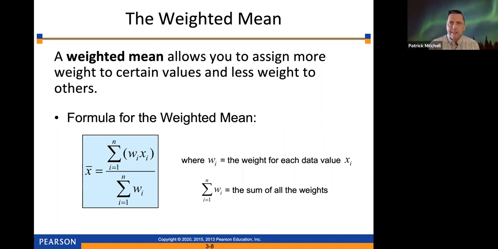So GPA is a type of weighted mean. The formula for the weighted mean is to take the sum of each data value times its weight and then divide by the sum of all the weights.